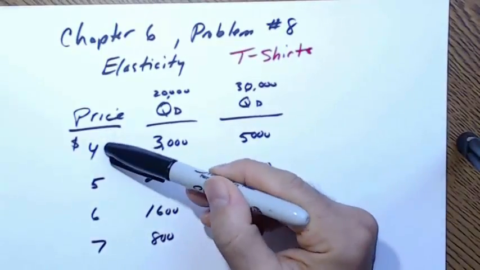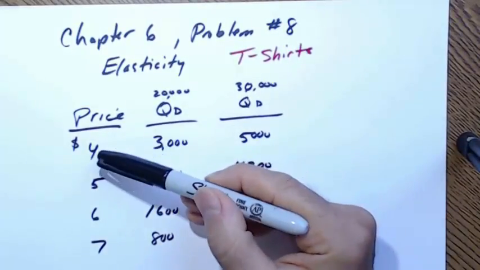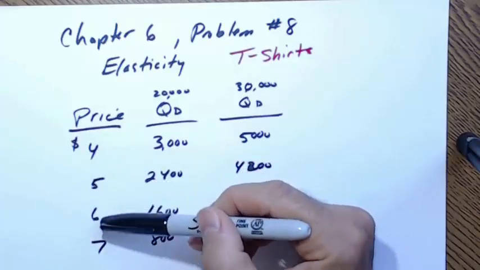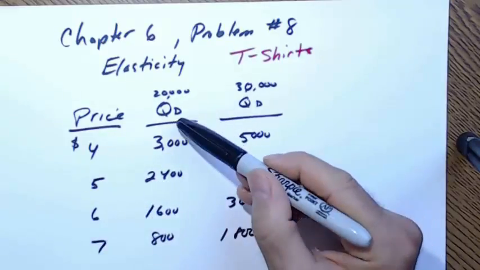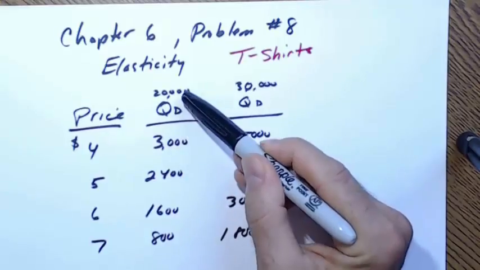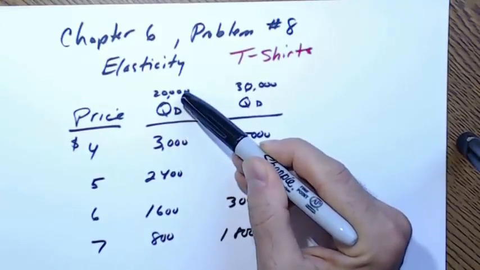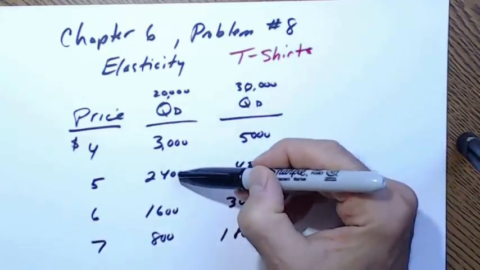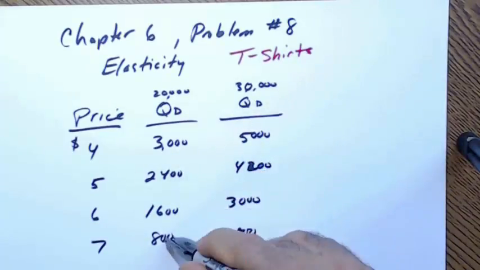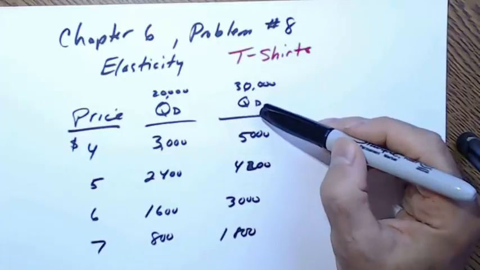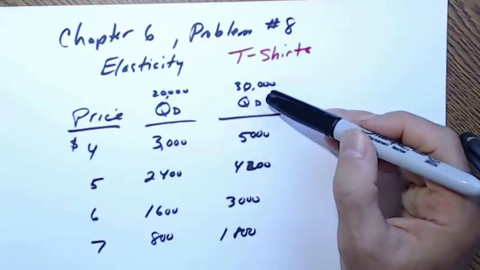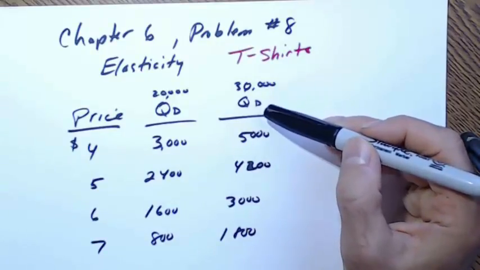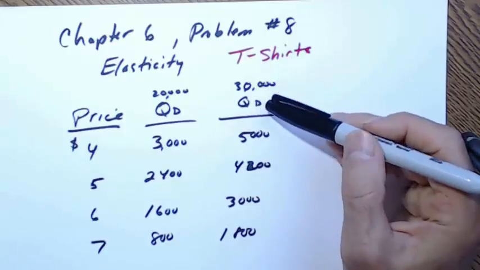We have price, and we're looking at the price of T-shirts at $4, $5, $6, and $7, and we're looking at quantity demanded for the average tourist with $20,000 in income. Here are the thousands of demand, and then we also have quantity demanded when the average tourist has $30,000 worth of income.